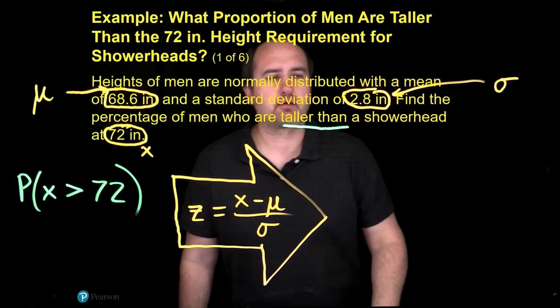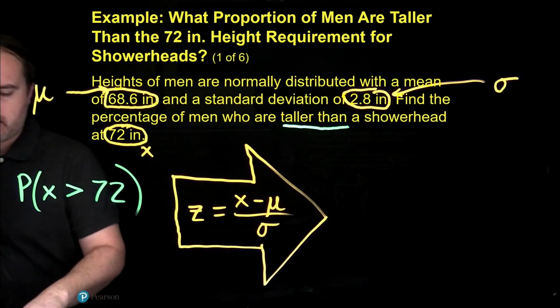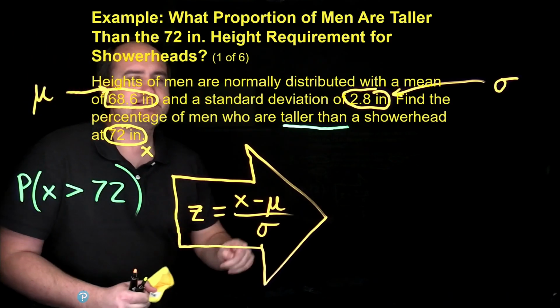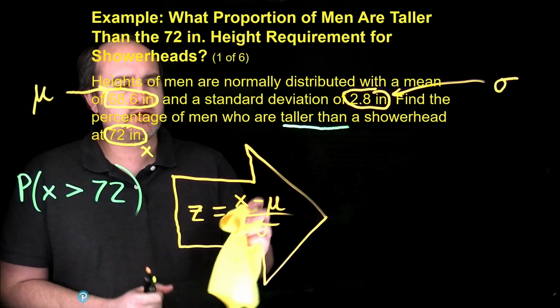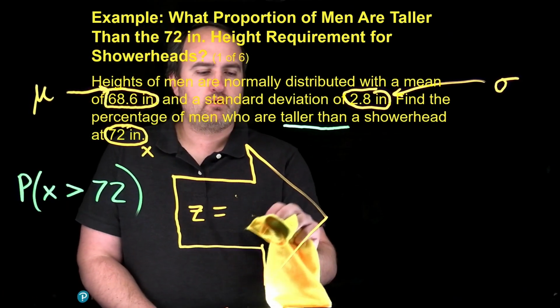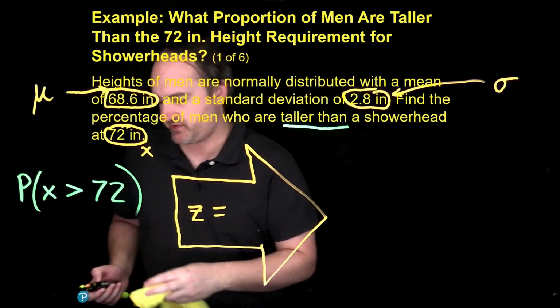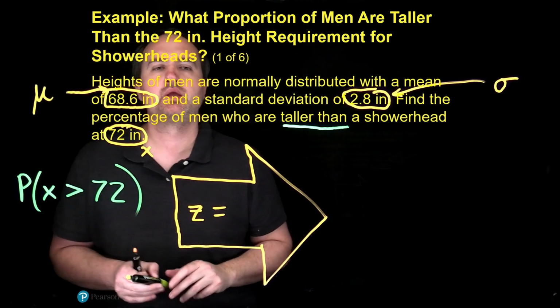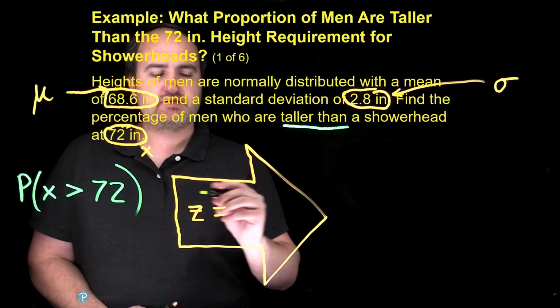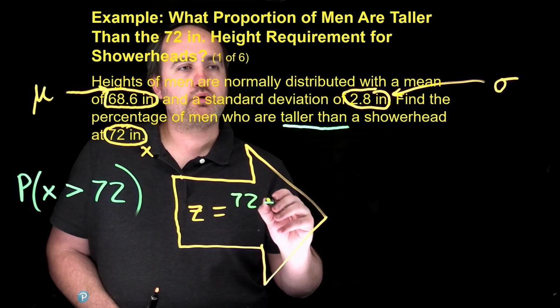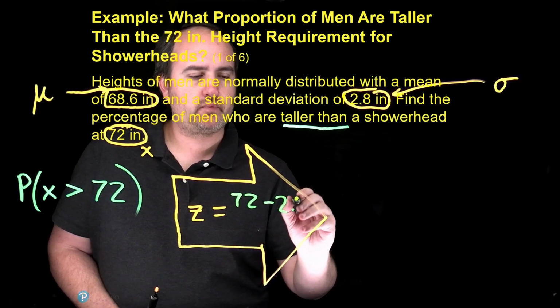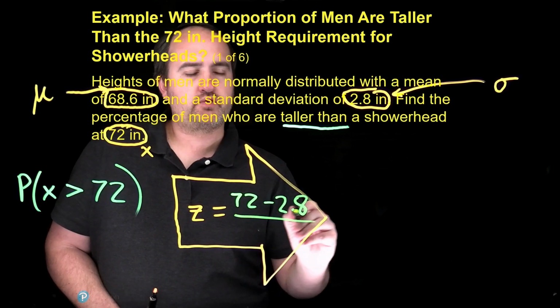That's right. All right, so anyway, what we got here is z equals x minus mu over sigma. Plugging everything into this formula is going to give us a z-score. So x is 72 minus mu is 2.8 all over sigma.